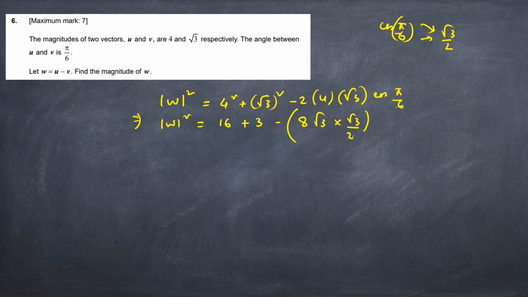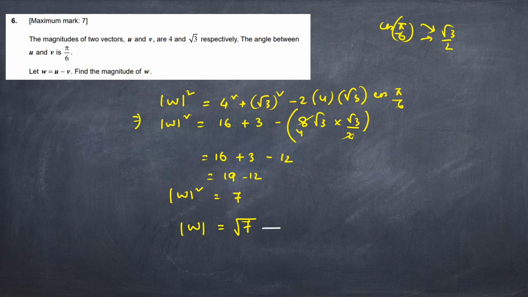So ultimately we are getting 16 plus 3 minus 12, so 19 minus 12 is equals to 7. So w square is equals to 7, so magnitude of w is equals to root 7. So we find the magnitude of w.